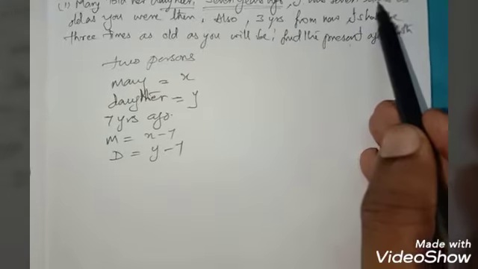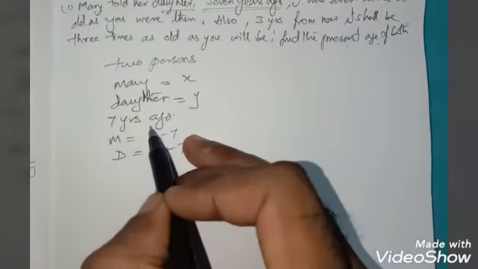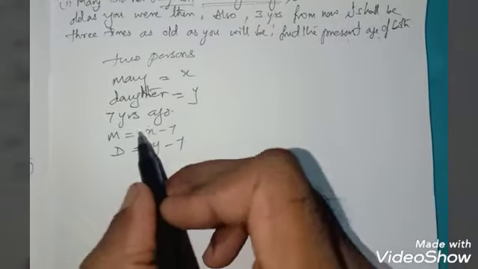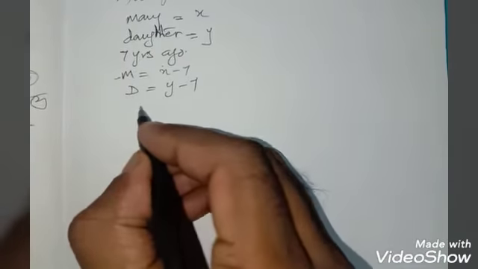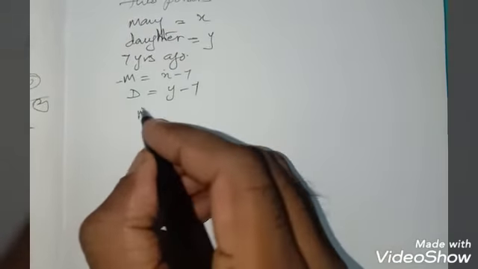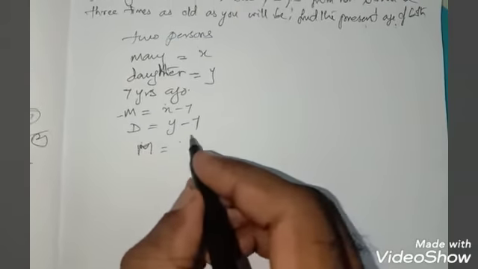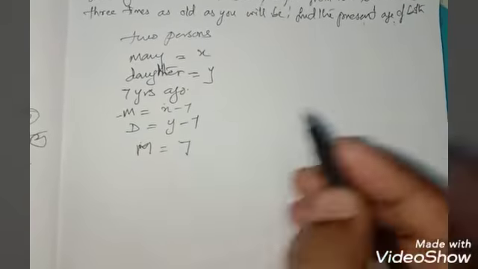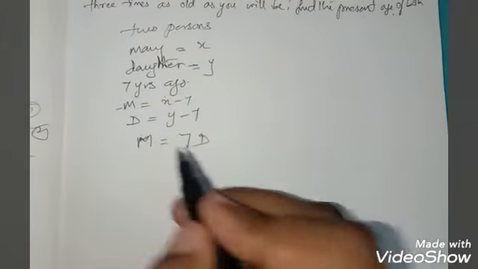So, I was 7 times as old as you were. It means 7 years ago I was, and who is I here? Mary. So 7 years ago Mary was 7 times as old as her daughter. 7 times means multiply.